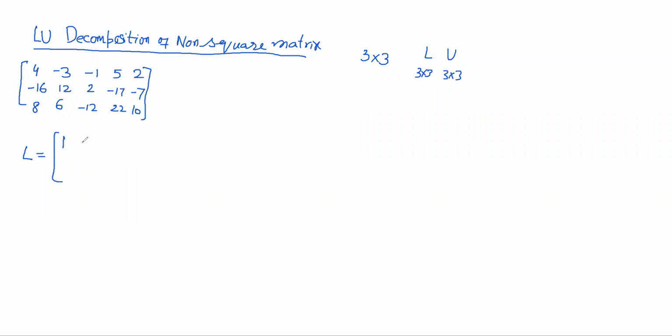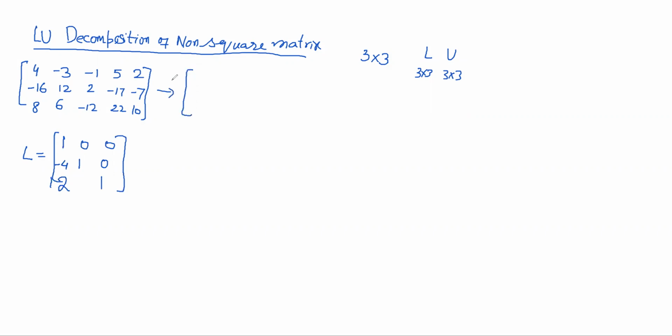So it will be 1, 0, 0, and then 1 here, 0 here, and then 1 here, and we need to find these values. What are these two values? It's minus 4, because minus 16 divided by 4 is minus 4. And 2 over here. So we only need to find this value, but of course we need to find U as well.